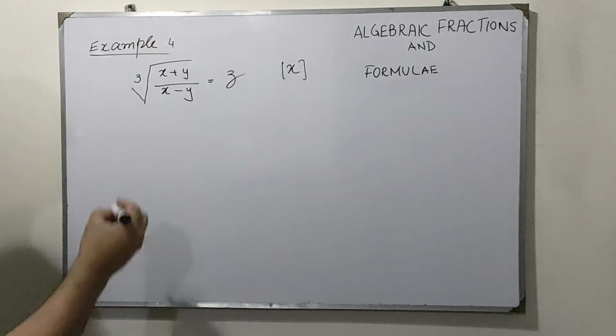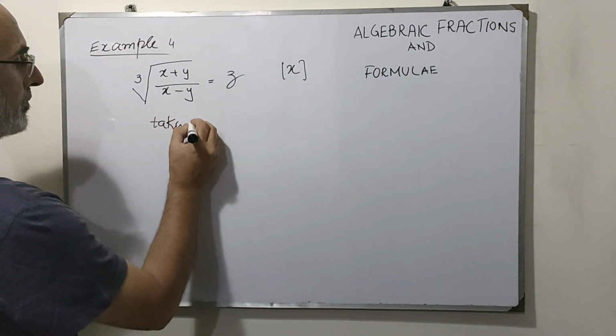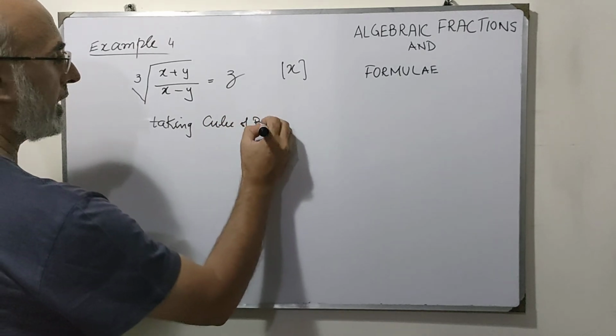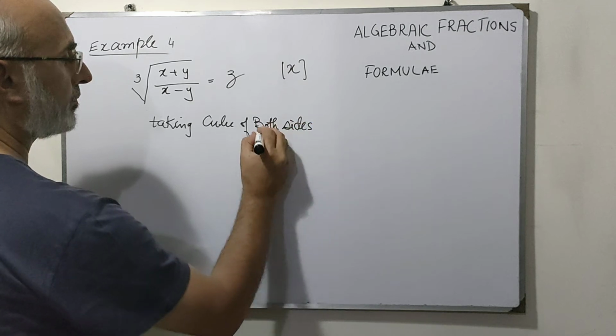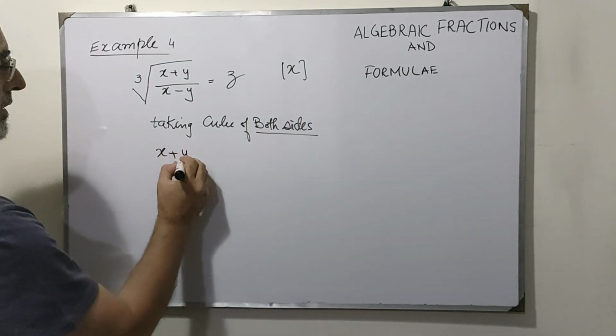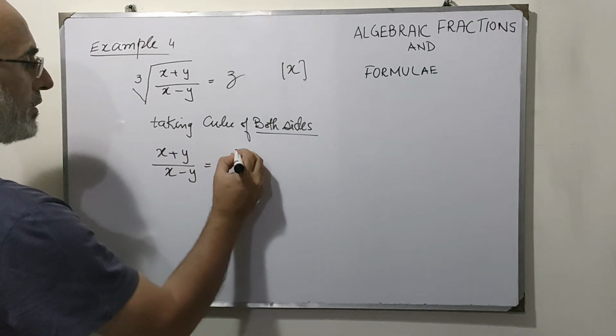So the simplest way is taking cube of both sides. Okay, so I have here is equal to z cube.